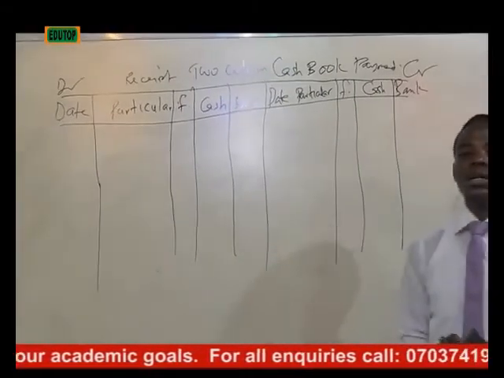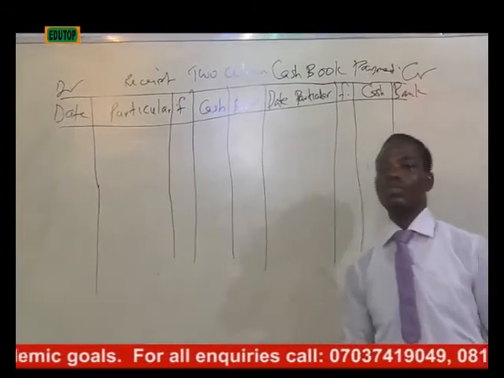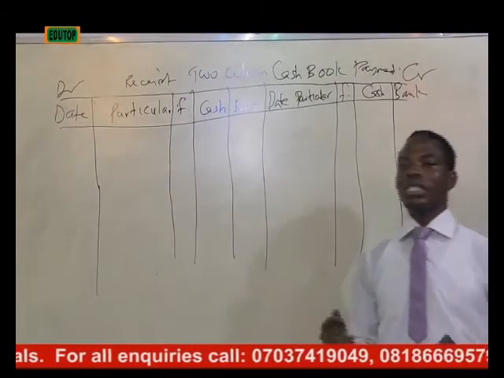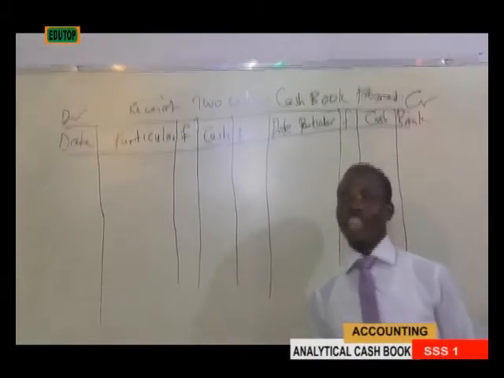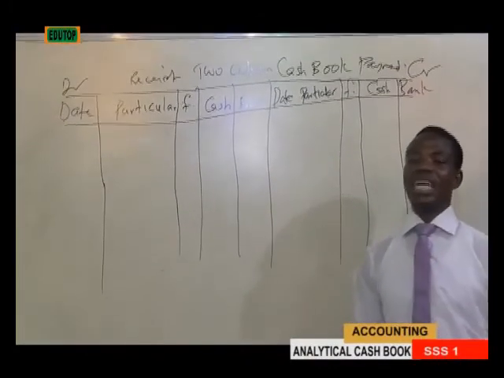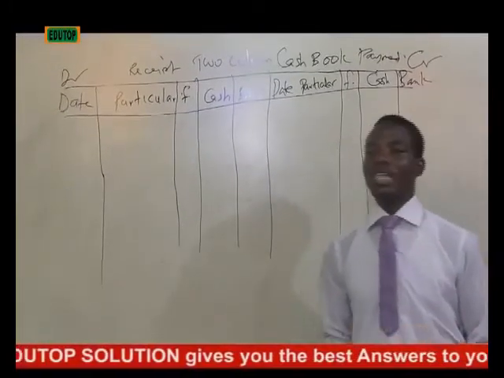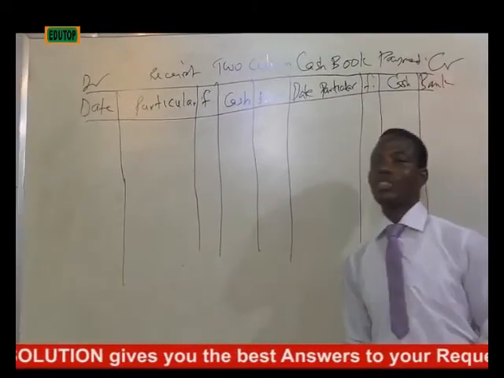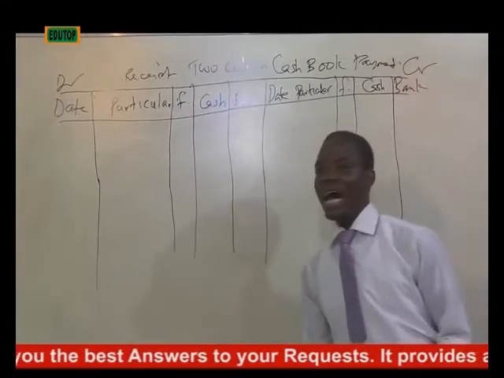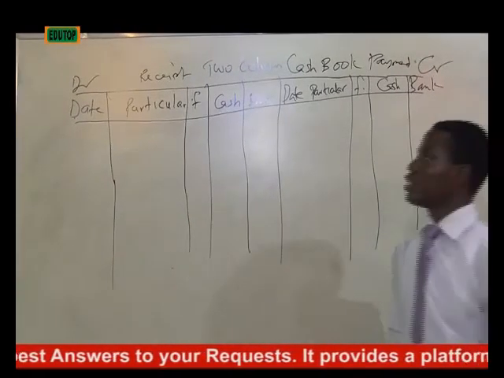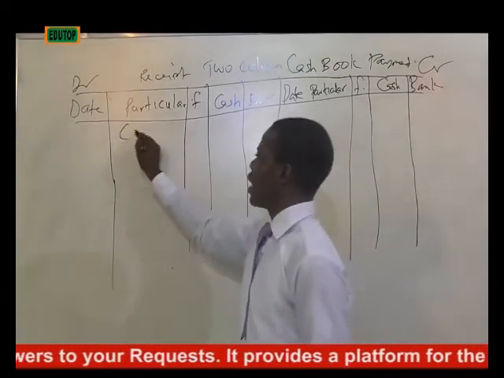Now, let's go to the question. June 1, start the business with cash. When you start the business with cash, anything that has to do with cash in the business, you represent it with what we call capital.